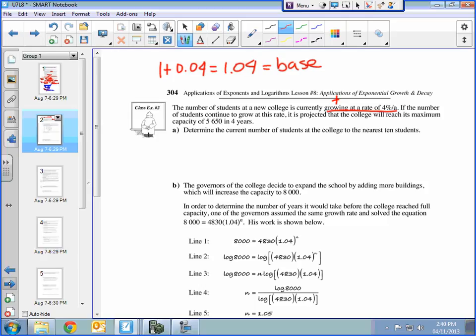Okay, so if we're determining the current, so I have y equals a times b to the x. 1.04, that's my base, so that's my b. Why is my y 5650 and not my a?